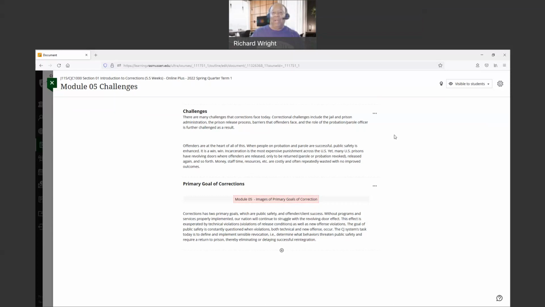And so there are programs that are provided, such as, if they have drug problems, they get treatment for that, alcohol problems. If they're not educated, they have an opportunity to obtain their GED, general education diploma, or earn their high school diploma. And in some instances, people go with vocations, trades, and some actually will continue on to get their degrees, bachelor's, and so forth.